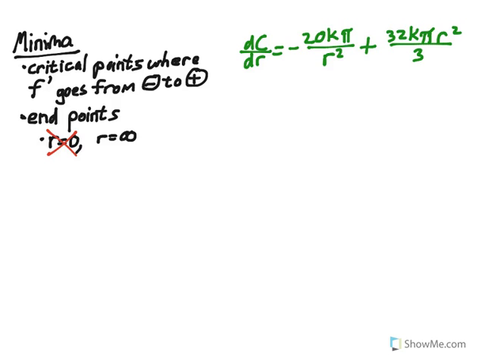Looking at the endpoints, let's take the endpoint first, because that's kind of easy to work through. At an endpoint, if r equals infinity, then that means that this part of the equation goes to 0, and this part goes to positive infinity. So this is not actually, wow, I'm screwing this up.